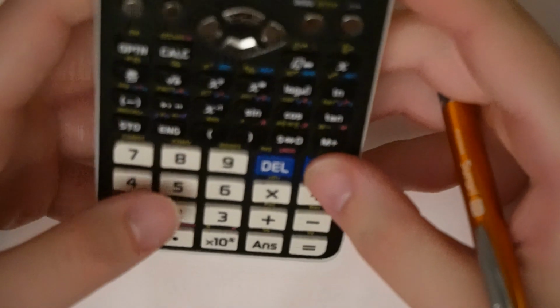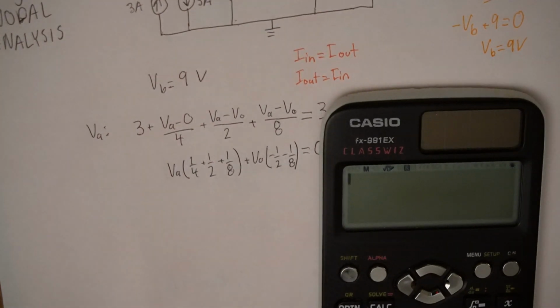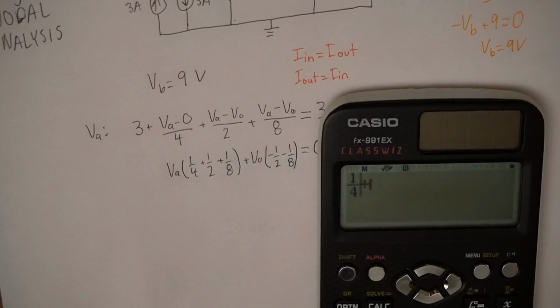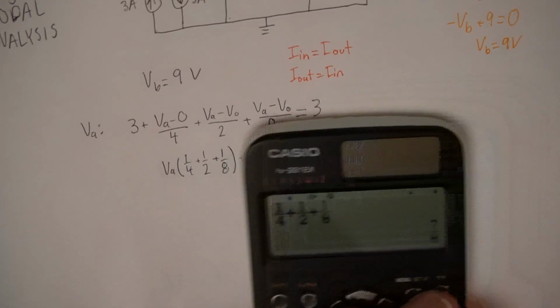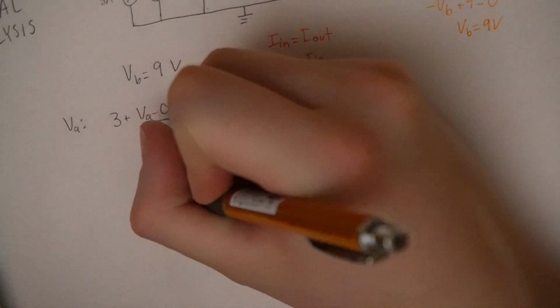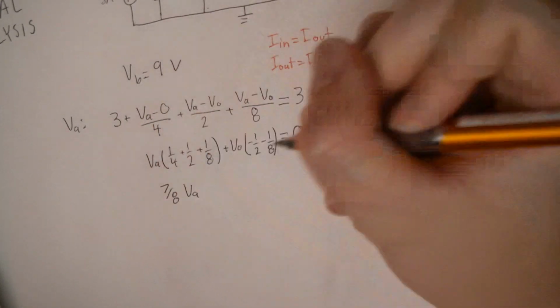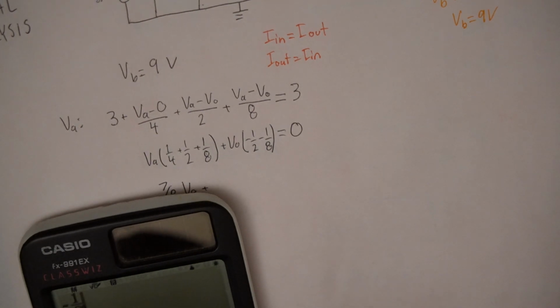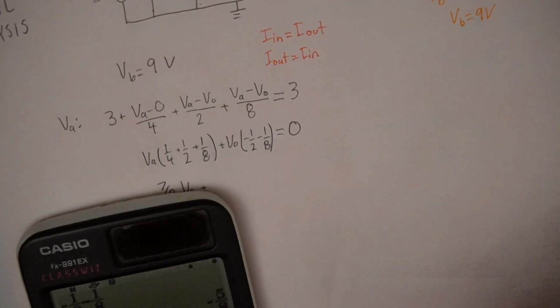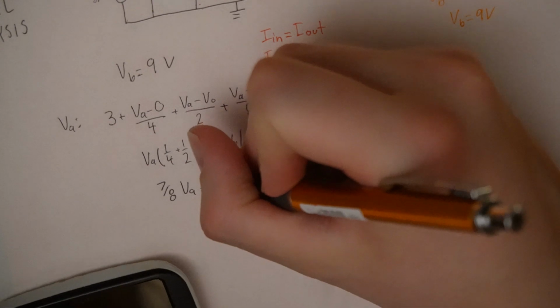Using my calculator, I don't feel like doing this in my head: 7 over 8 VA plus negative 1 over 2 minus 1 over 8, negative 5 over 8, VO.